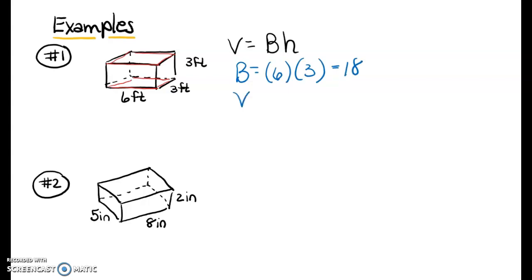To find my volume, it's my base, 18 feet squared, times the height, and the height here is the perpendicular distance between the two bases. So it's 3, and 3 times 18 is 54 feet cubed. Remember, area is in squared dimensions, volume is now in cubed dimensions.